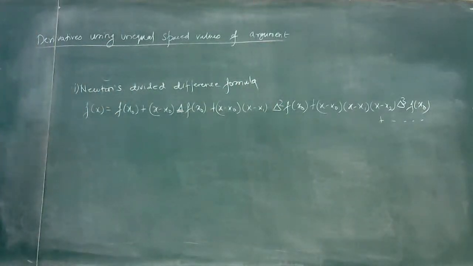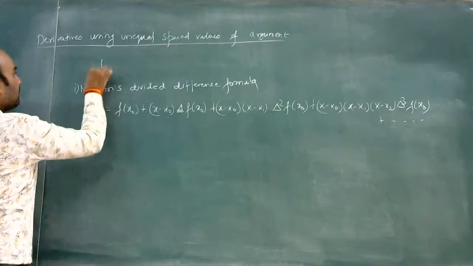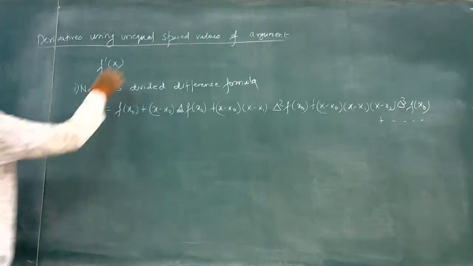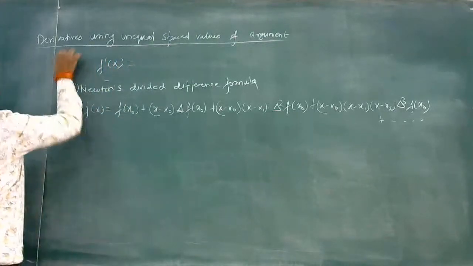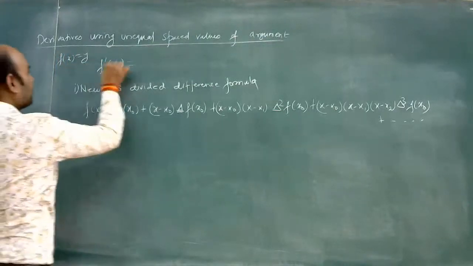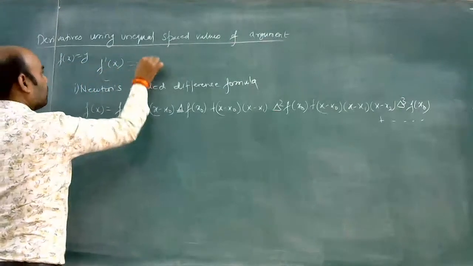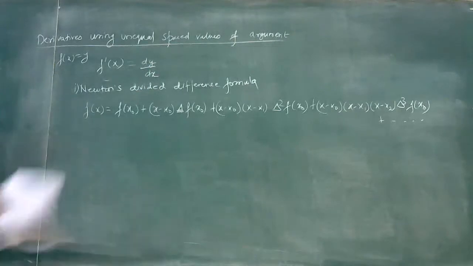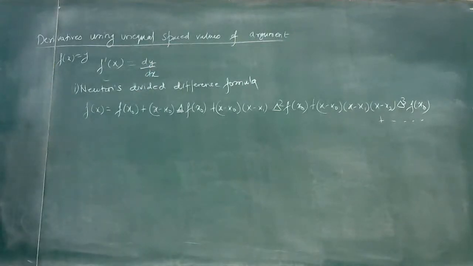So what we need to find is f dash x. Let's suppose f of x is equal to y. So differentiating with respect to x, this will be dy by dx.